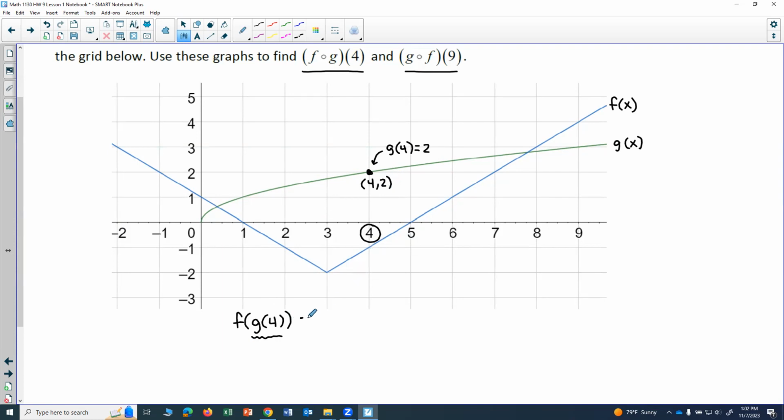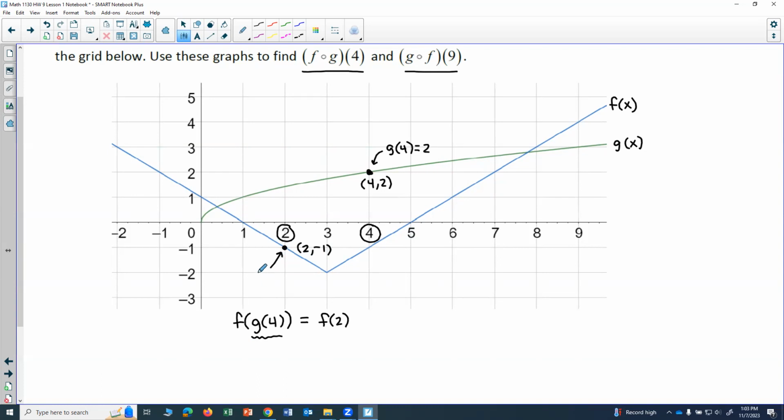Okay, so g of 4 is equal to 2, so this would equal f of 2. So now I go to x equals 2, and I'm trying to find what f equals at 2. So I'm going to go down here onto the absolute value function. Now this is the ordered pair 2, -1, because the y value is -1.